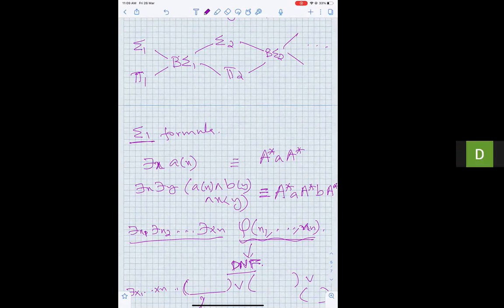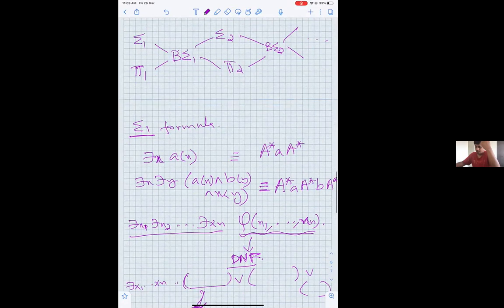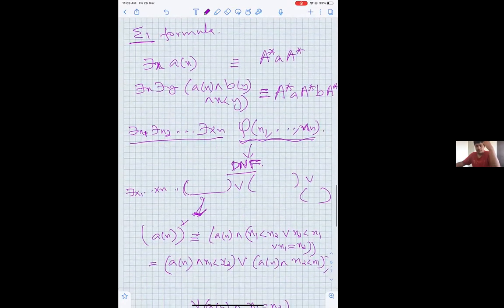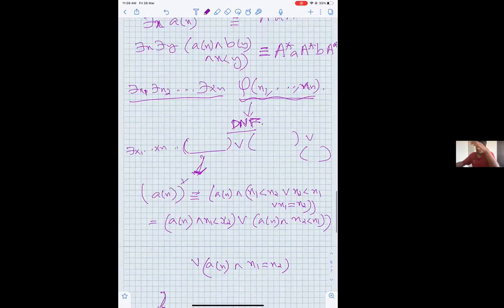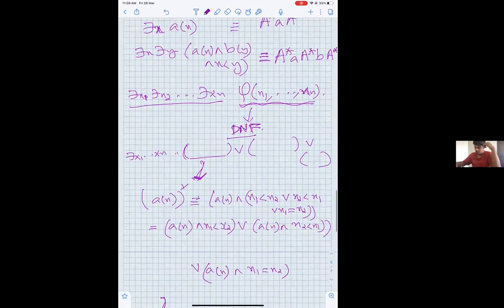But for more complex formulas, you will have to go into more complex techniques like Ehrenfeucht-Fraïssé games, model-theoretic techniques. Here I'm just manipulating the formulas and saying that look, every formula I can write in this form.